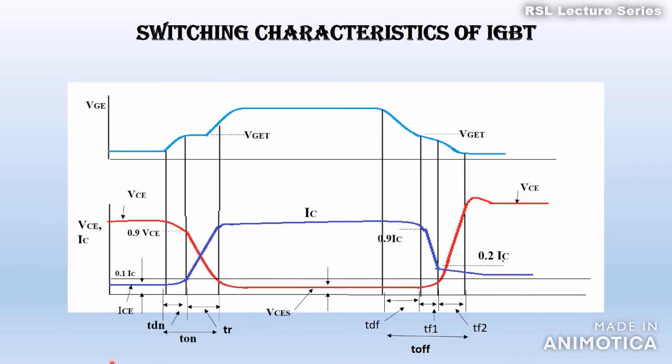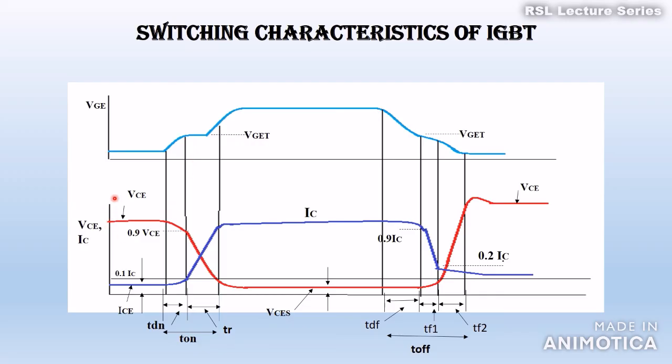So this is the graph showing the switching characteristics. This is the gate emitter voltage, and VGET is the gate emitter threshold value.